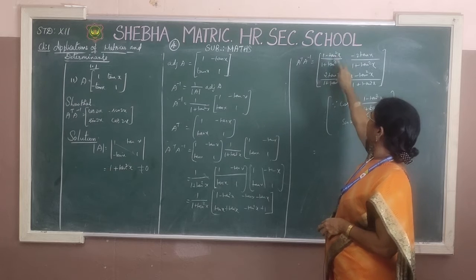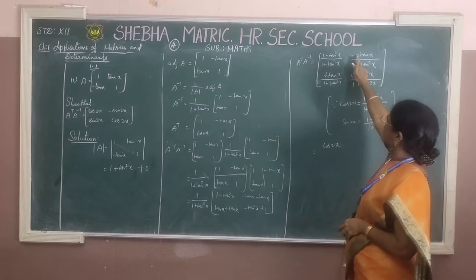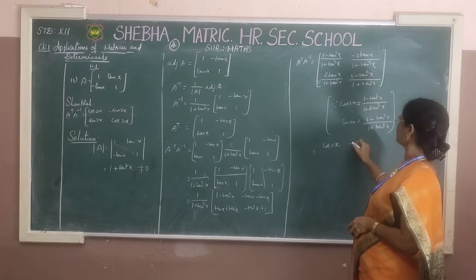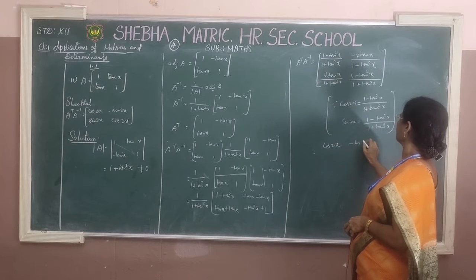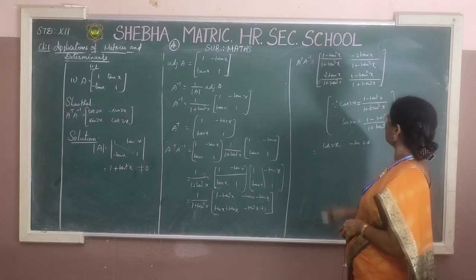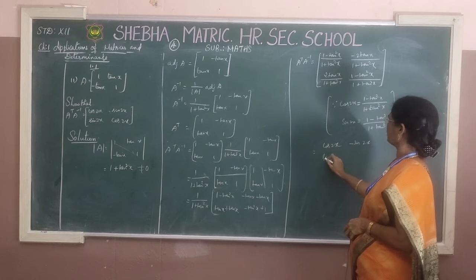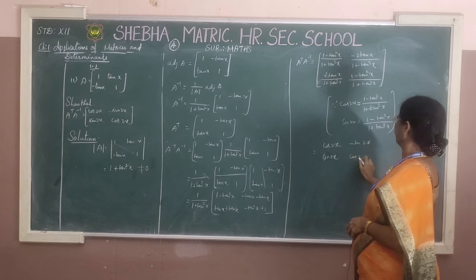Instead of this we put cos 2x, and instead of 2 tan x by 1 plus tan square x it is sin 2x, so here we put minus sin 2x. The next row becomes sin 2x, and the last one becomes cos 2x.